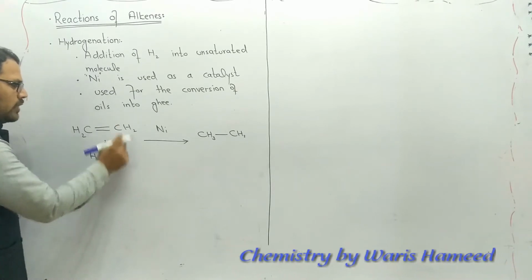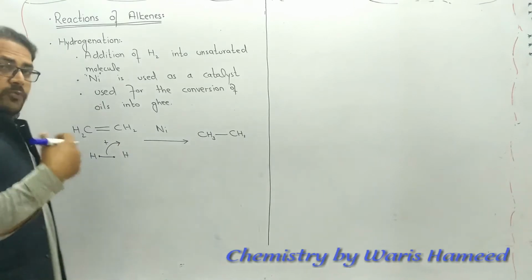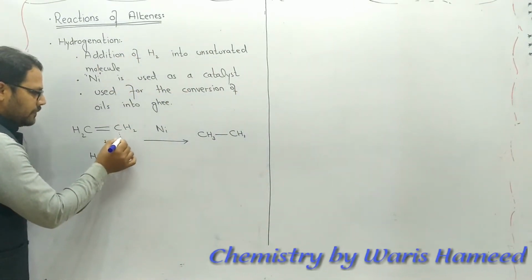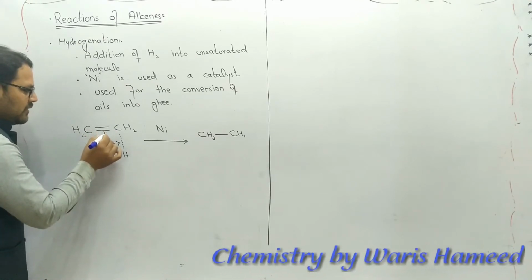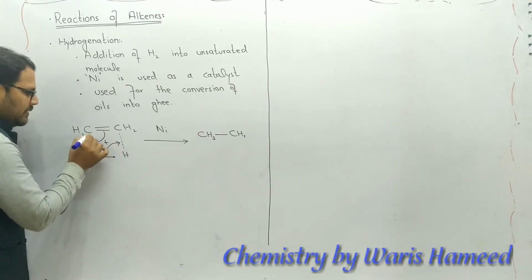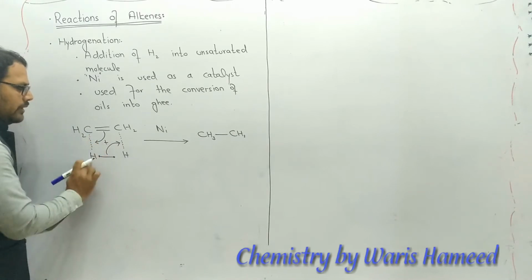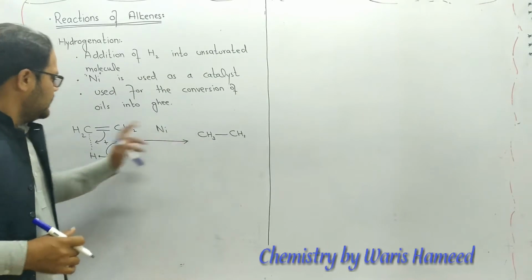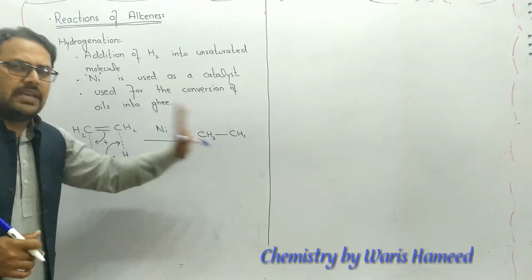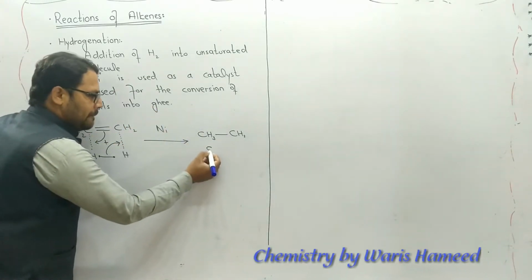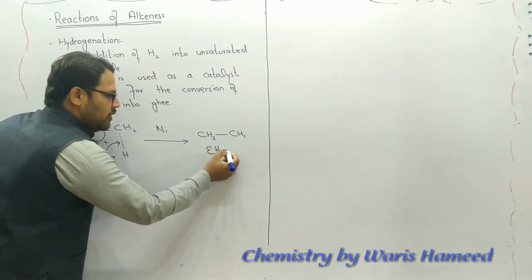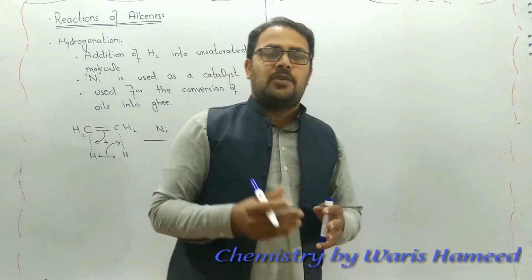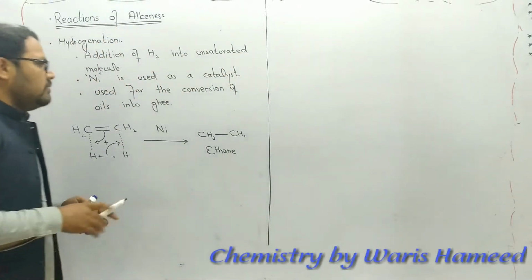This bond will move toward carbon and hydrogen here, and this bond will move toward here in between this carbon and this hydrogen. And this CH2 will convert into CH3, single bond, then again CH3. It's ethane. We have formed an alkane from alkene, and this process is hydrogenation.